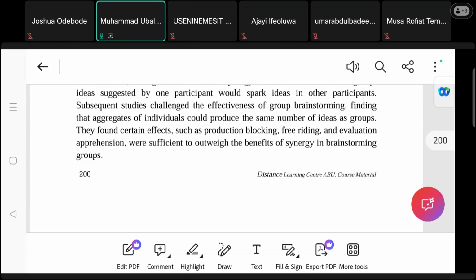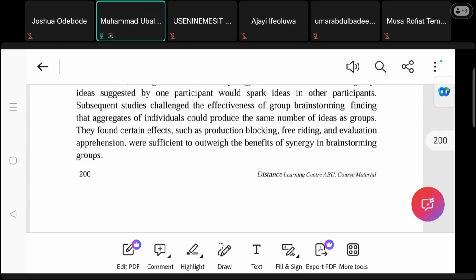Another principle is that mostly no criticism is accepted during idea generation. When ideas are being generated, people are not critical of the idea. Everybody's idea is spread across. We put down everything in writing and then we choose the best idea.